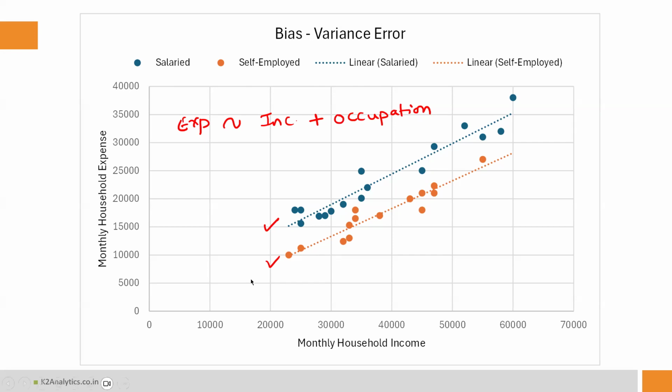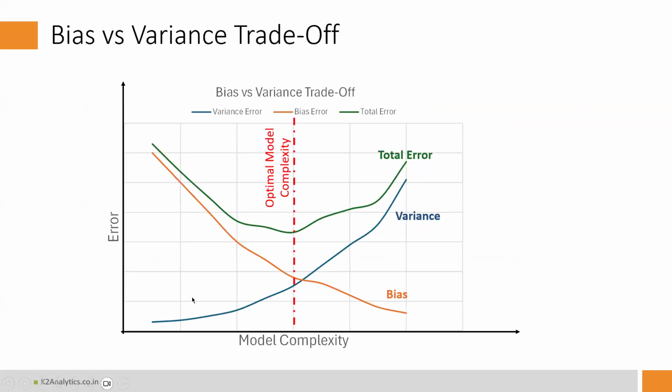As such, we have to build a model which is a trade-off between bias and variance. Graphically, this is quite often represented as follows: as you increase the model complexity, the bias error will keep going down.